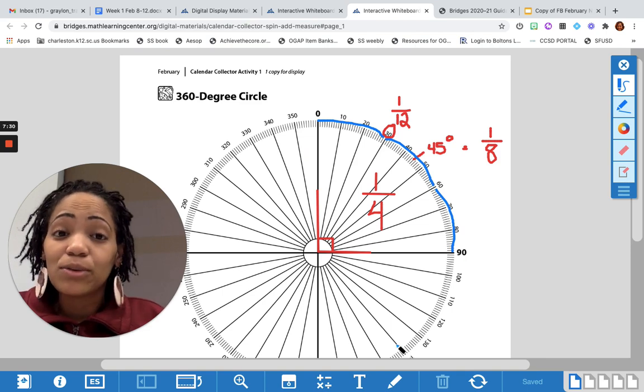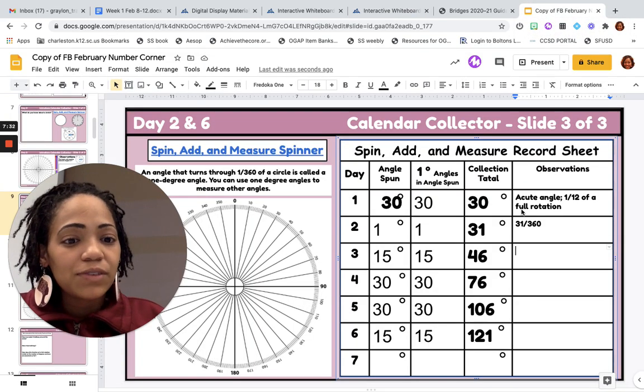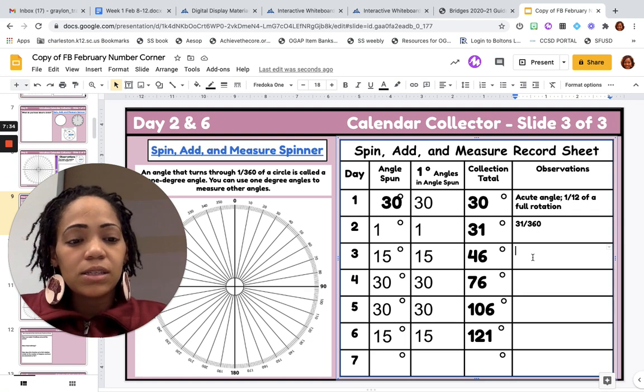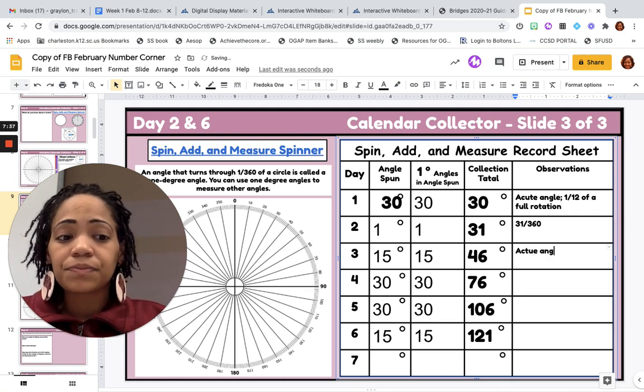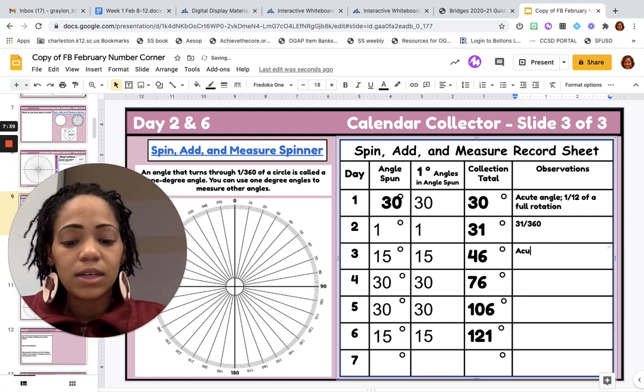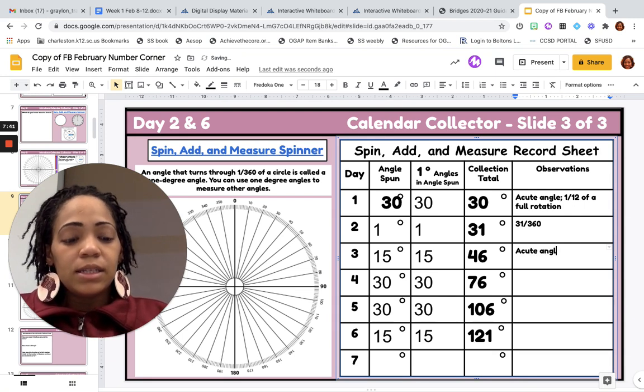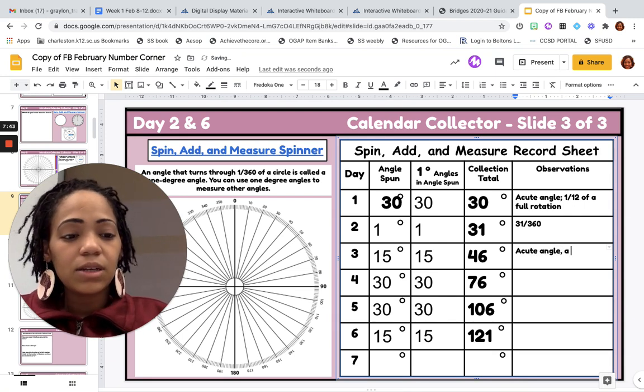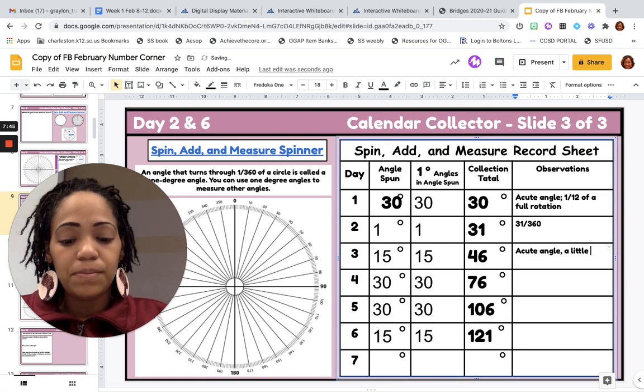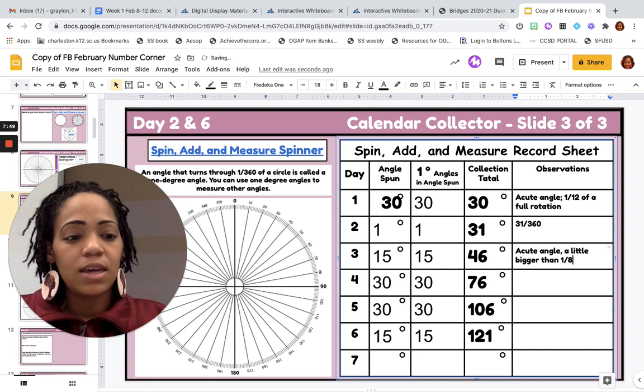So 8 total in a full rotation, which means 46 degrees is still an acute angle, and it is a little bigger than 1/8 of a rotation.